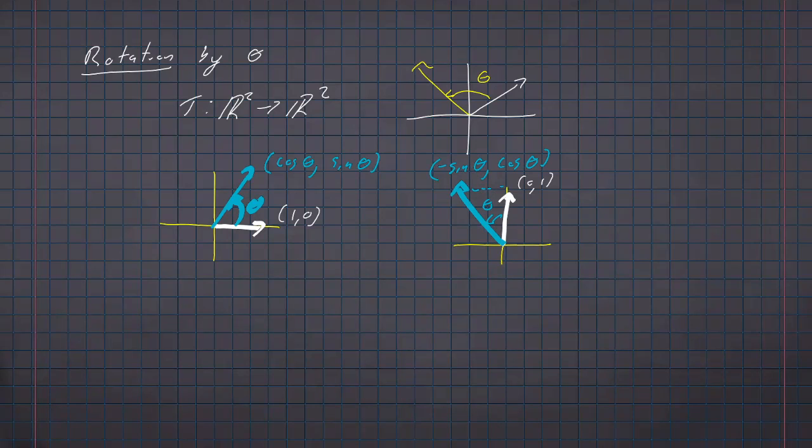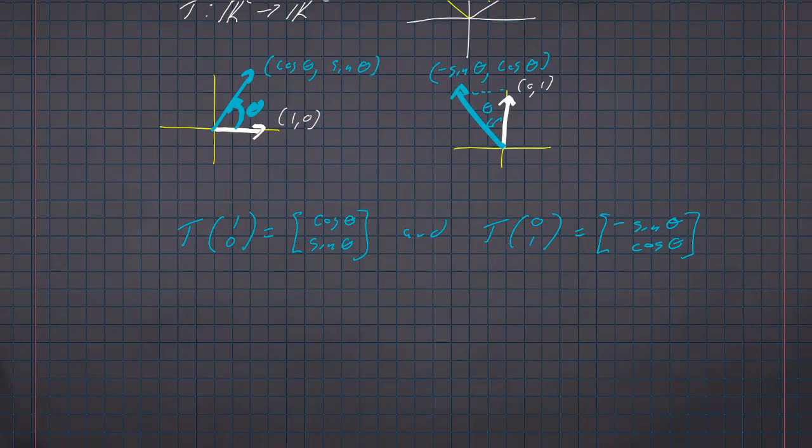So my transform of 1, 0 is cosine theta, sine theta. And my transform of 0, 1 is negative sine theta, cosine theta.